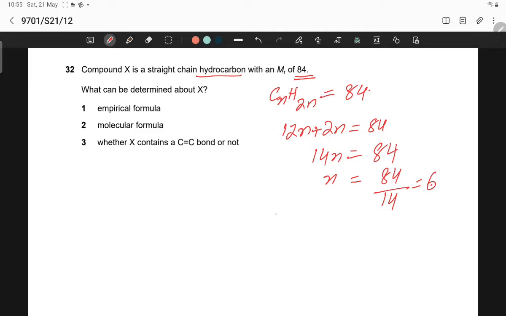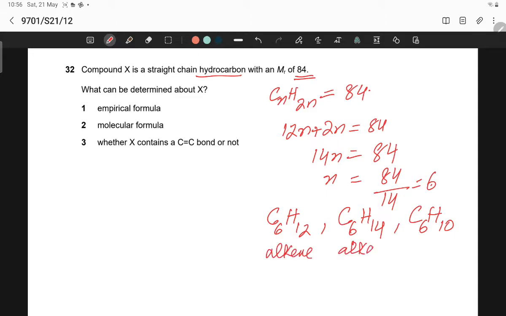Alkane, alkene and alkyne: C6H12, C6H14 and C6H10. This is alkene, this is alkane and this is alkyne.